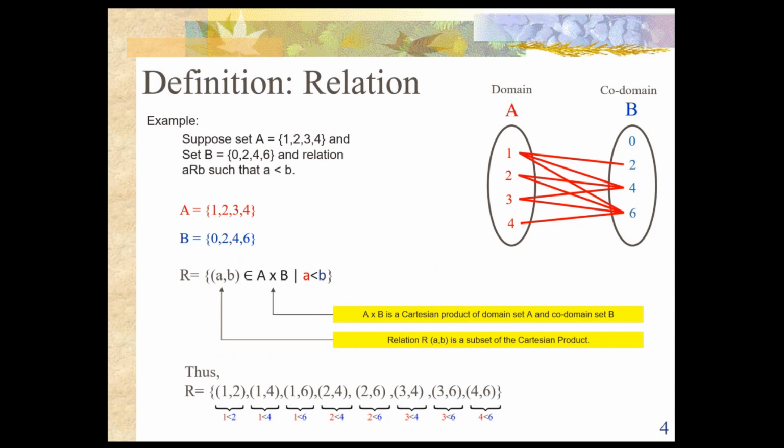We can define connections between the elements in both sets. Graphically, we can draw the lines. This relationship is written as ARB, okay, A related to B. In this relationship, we can define the pattern or the constraint.